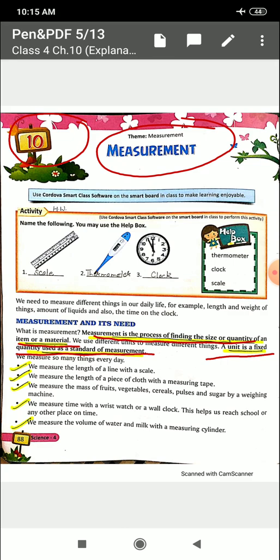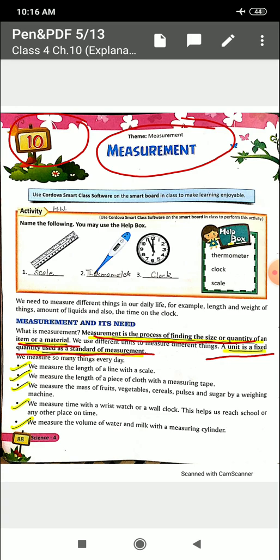We can measure the length of a line with a scale. You use ruler or scale in your daily life. We measure the length of a piece of cloth, or the length of the bed sheet, or the length of the curtain with the measuring tape or inch tape. Even we measure our height using the measuring tape or inch tape.